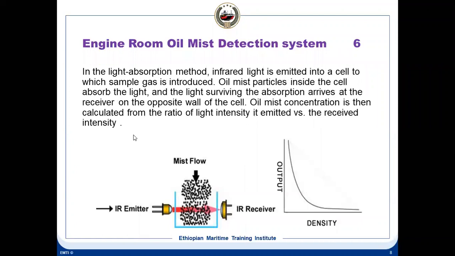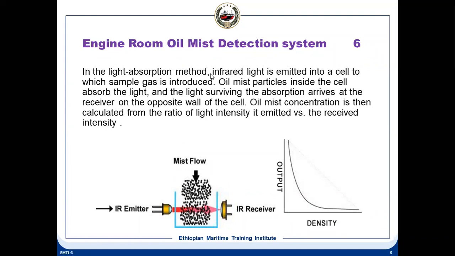The basic principle of the engine room oil mist detection system is that it is a light scattering technology. Same thing, it is a light absorption method. Here is the infrared light. This light is passing and there is a receiver here. Whenever the oil mist comes into this, the oil concentration increases and it gives an alarm.